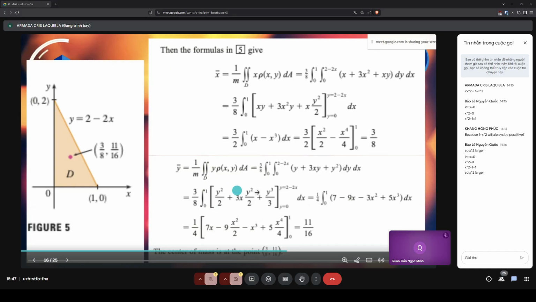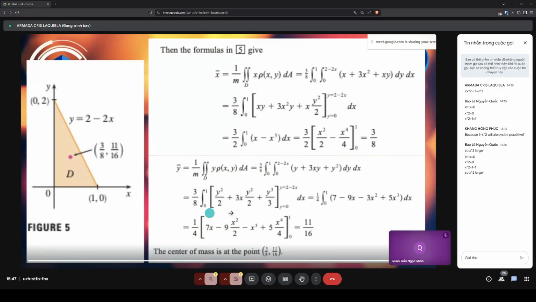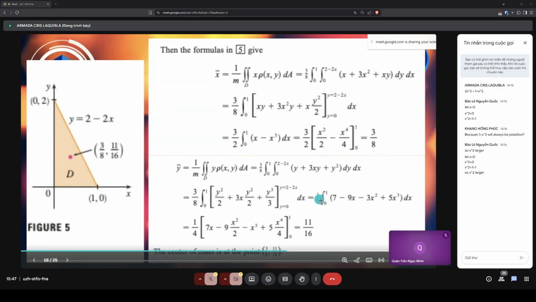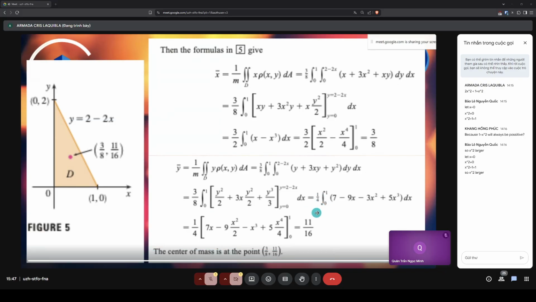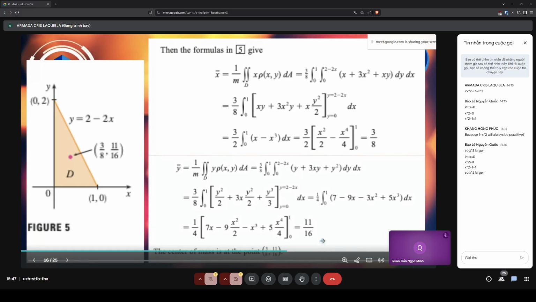And then there's a 4 there on top. So 4 over 16 is 1/4, which is here 1 over 4. Okay, that is for sure that you can solve. And then this is not the reduced form. If you do that, we have there 7 minus 9x minus 3x squared plus 5x cubed.